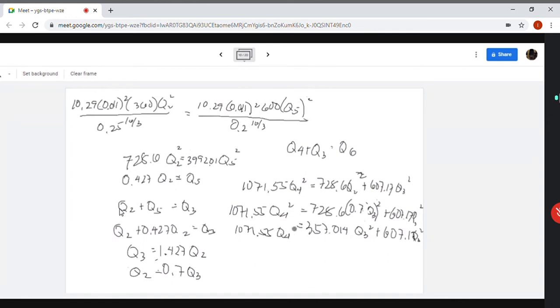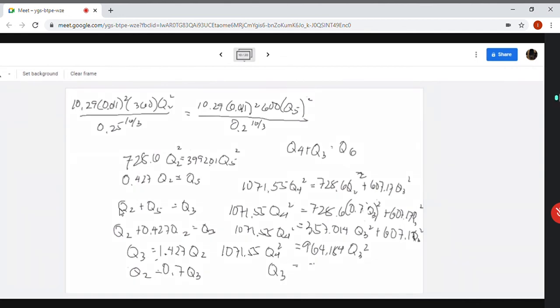Add the two, 607.17 and 357.014, so 1071.55 Q4 squared is equal to 964.184 Q3 squared. Divide them so we get it in terms of Q3.